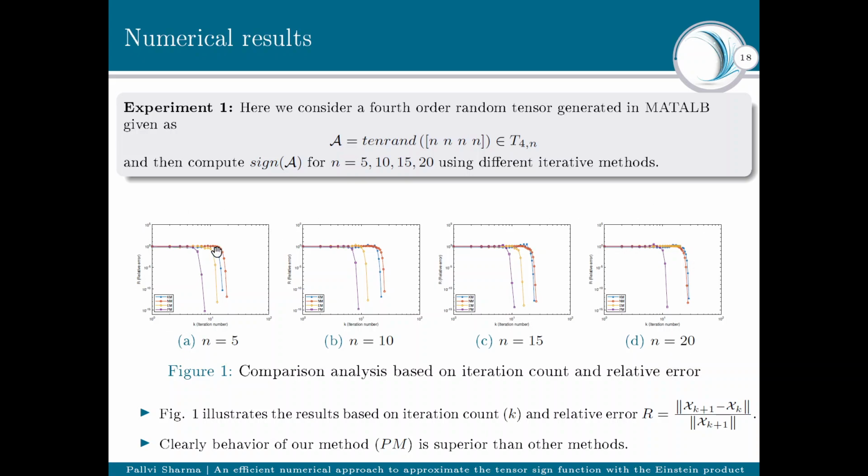In all the four cases, our proposed method converges in fewer iterations as compared to the other three methods. The purple line shows our proposed method, in which we can see even the relative error appears lesser as compared to other methods. So hence we can say that our proposed method is superior to other methods.